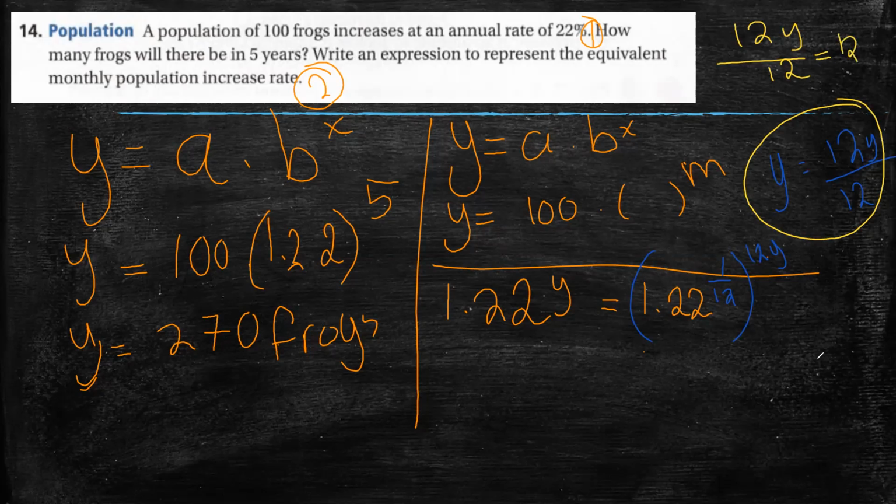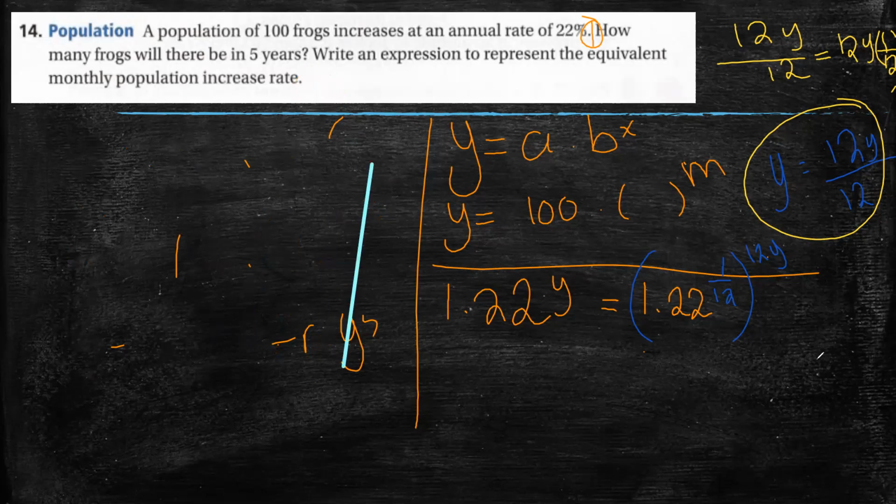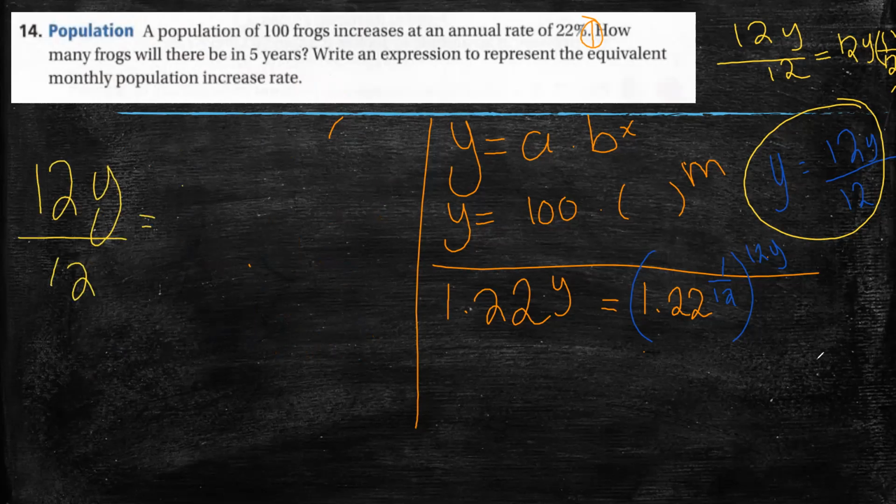That means it is the same as 12y times 1 over 12. So y over 12 is the same as 12y times 1 over 12. Is it right? Yes, teacher.